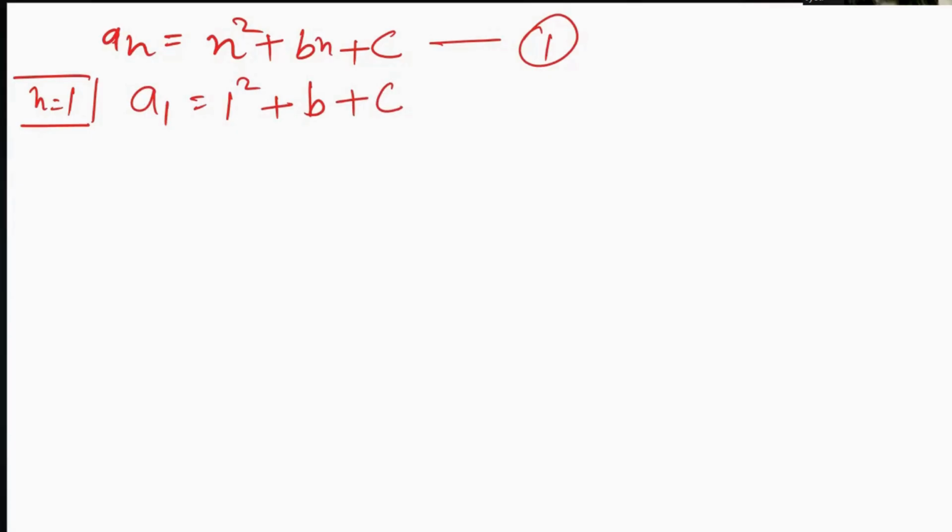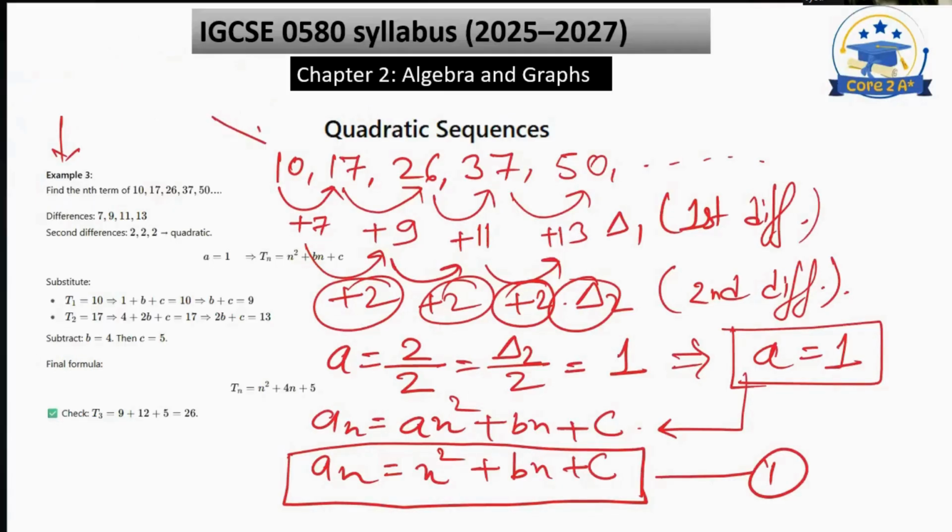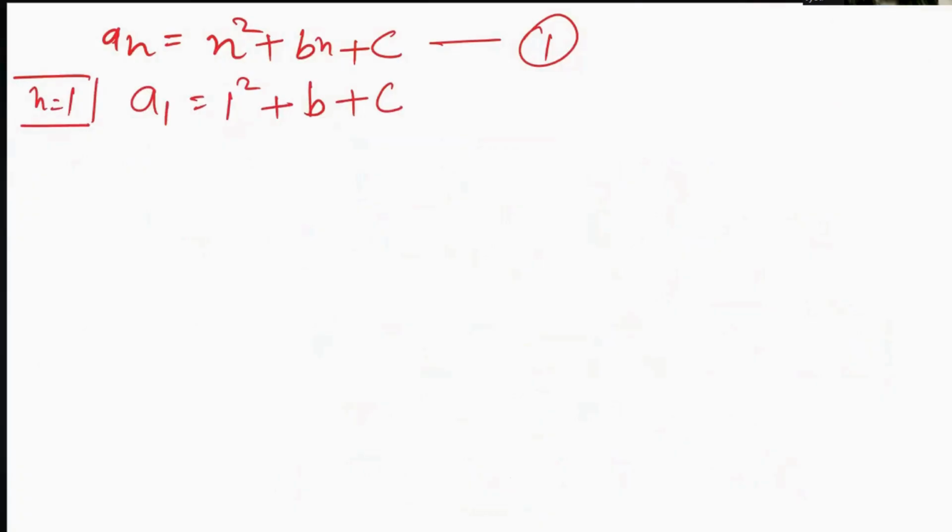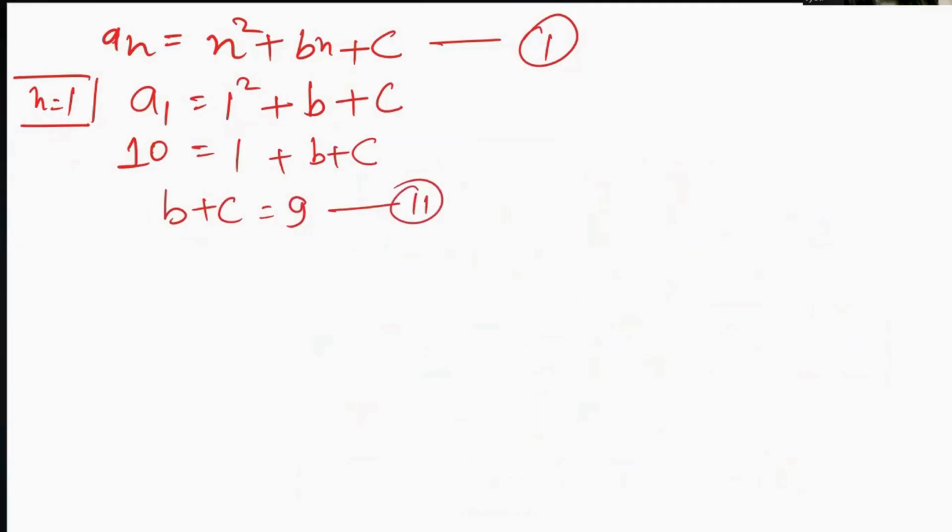A1 is your first term from the original sequence, that is 10. Please don't look at the differences. Pick A1 from the original sequence. 10 equals 1 plus B plus C. So B plus C equals 9. This is equation number 2.